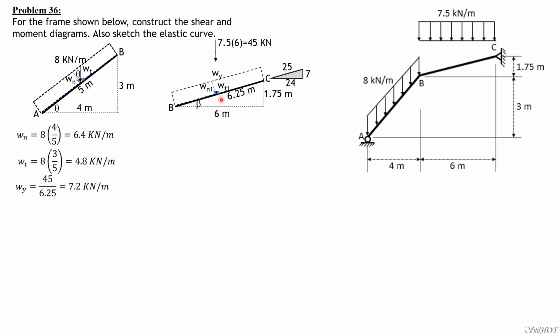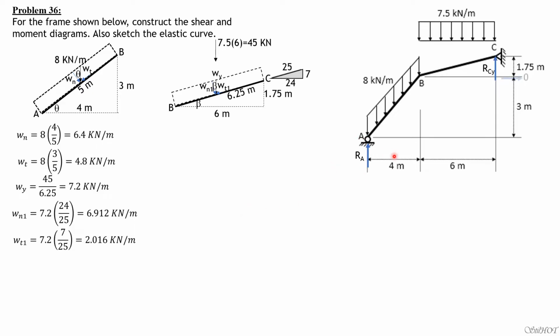So Wn1 is 7.2 times cosine of beta, which is 24 over 25, while W tangential 1 is 7.2 times sine of beta, which is 7 over 25. So Wn1 is 6.912 kilonewton per meter, and W tangential 1 is 2.016 kilonewton per meter.